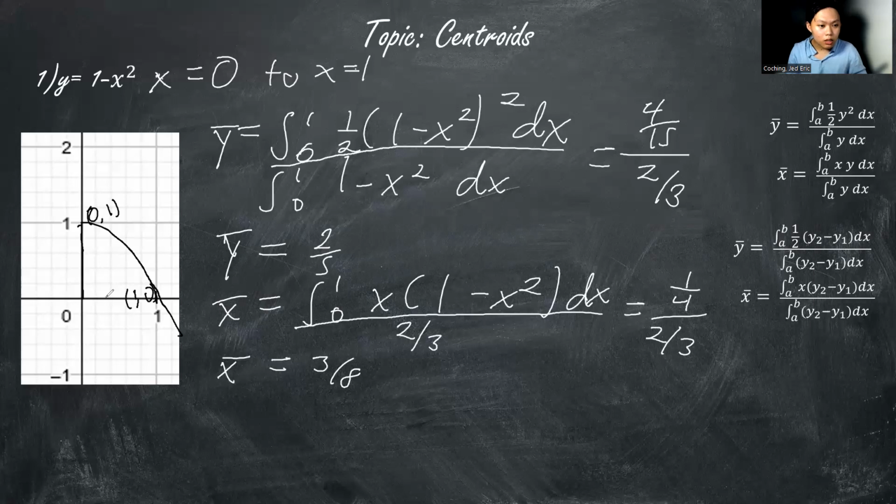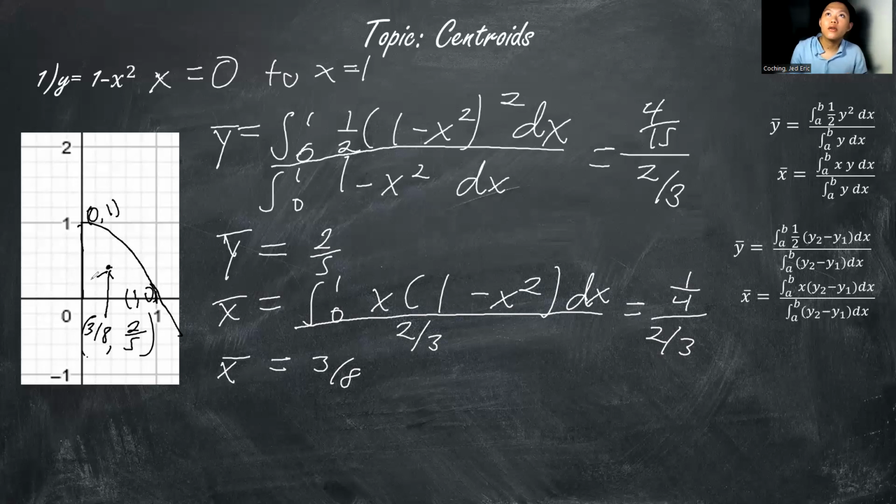So the centroid here is 3/8 over 2/5. That's how we get the centroid of this shape.